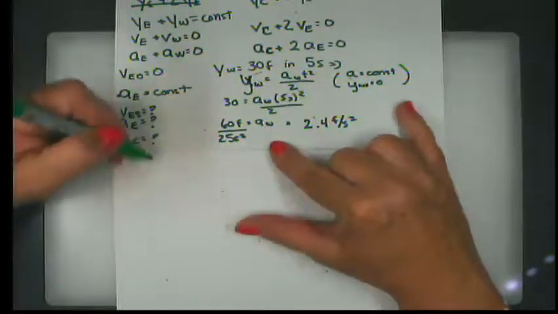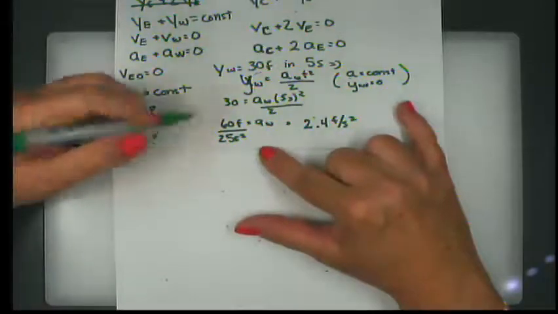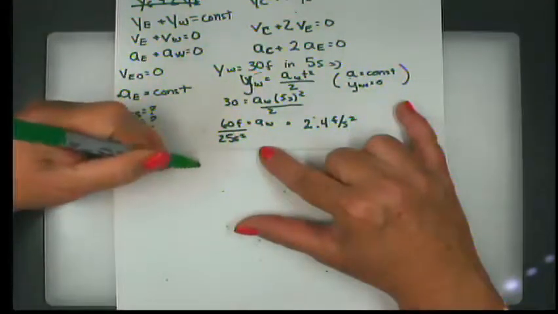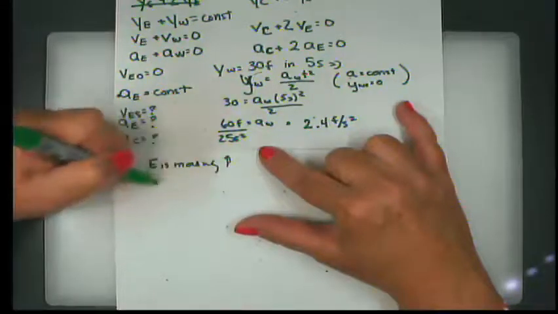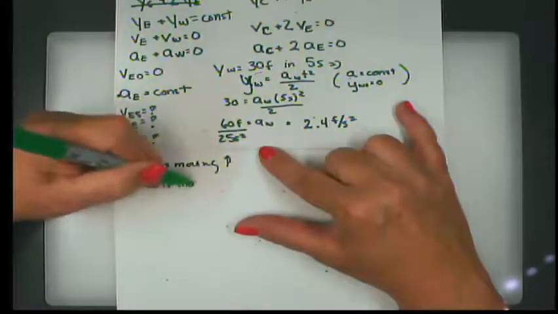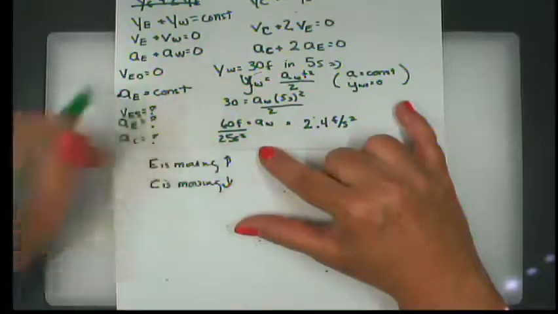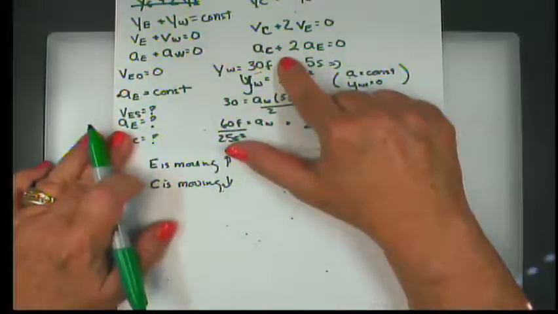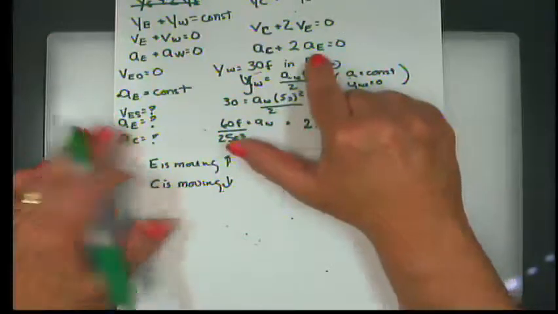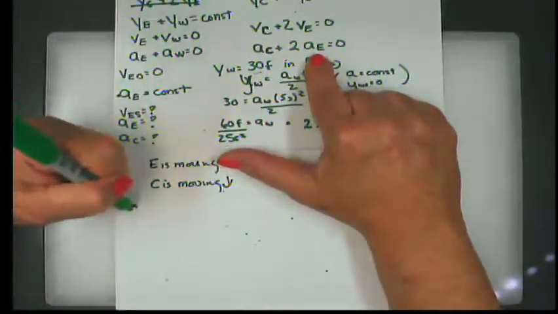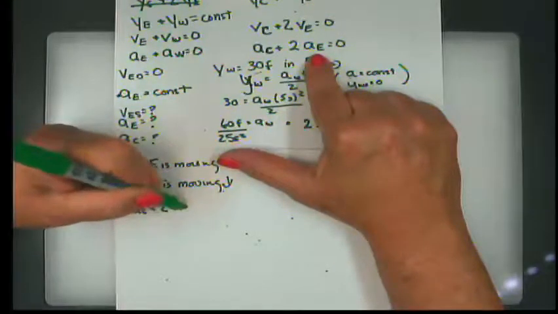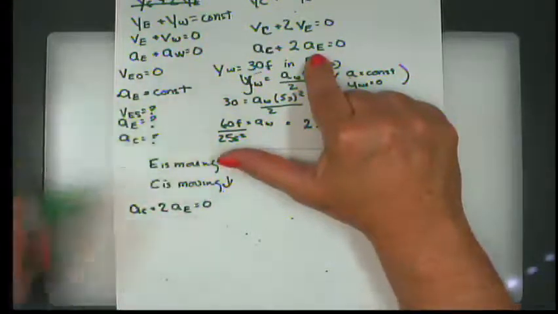So anyway, we know that E is moving up, which means C is moving down. So if I look at the relationship between the acceleration of C and the acceleration of E, I see that the acceleration of C plus 2 times the acceleration of E is equal to 0.